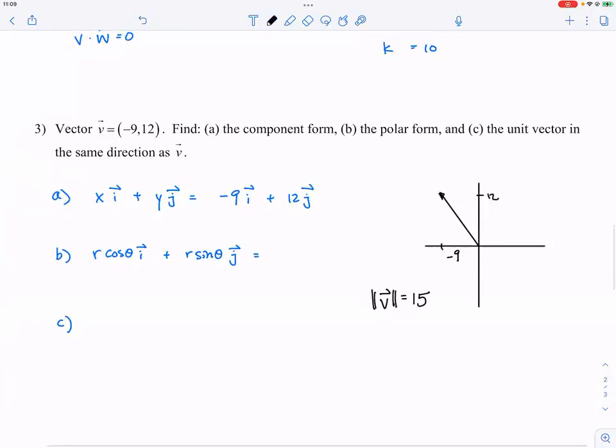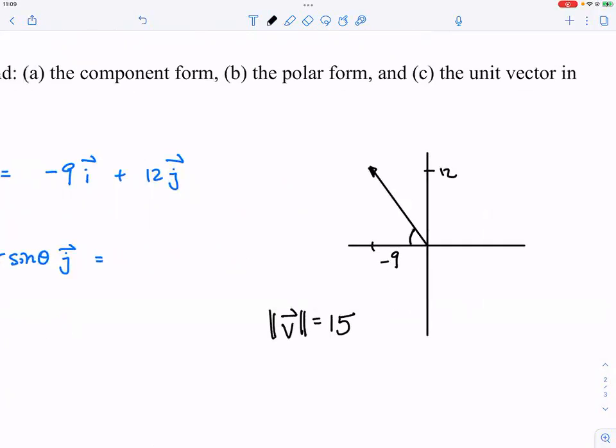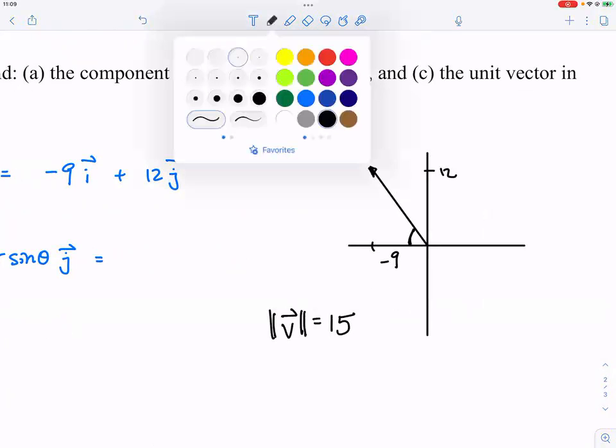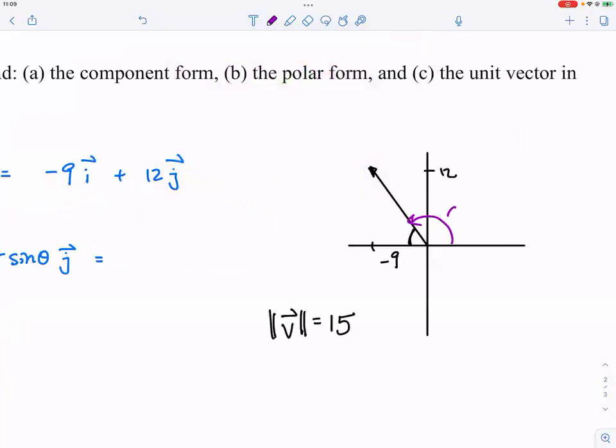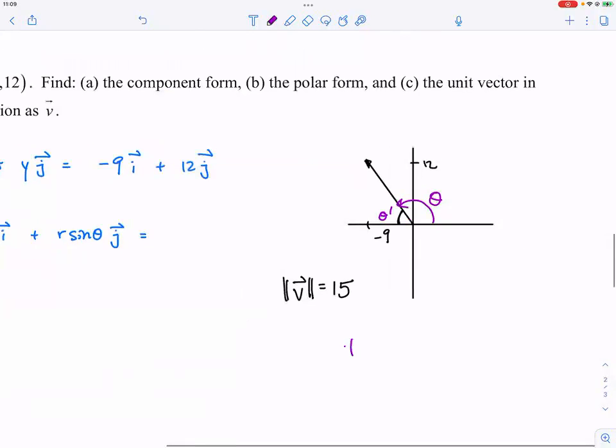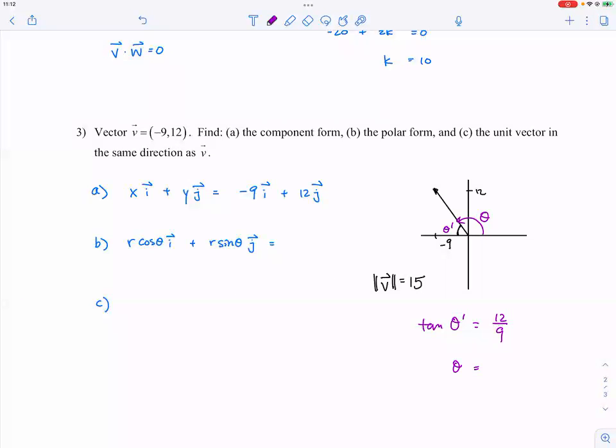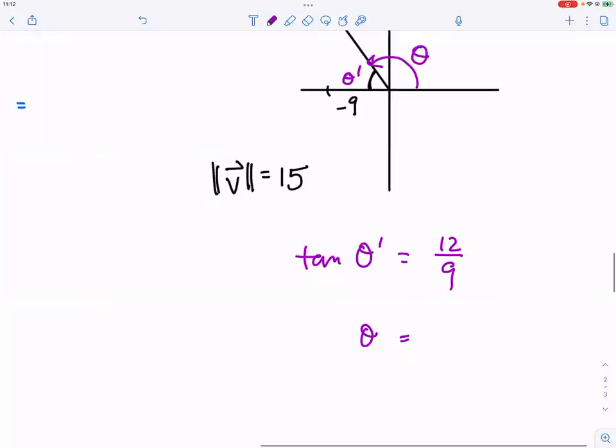Okay. Now you will need to find this angle here so that you can find the actual theta. So let's call this theta prime. Tangent of theta prime is 12 over 9.